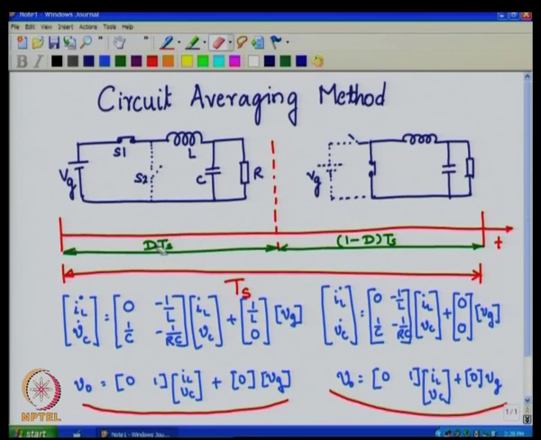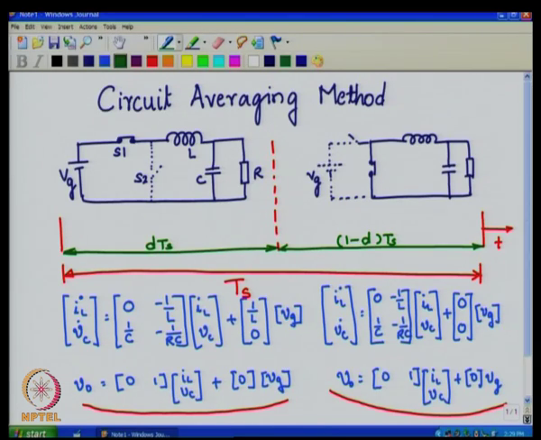Now, look at the variables here. We are using the uppercase D, and so also here the uppercase D. I am going to erase that and erase this and change it into lowercase d, 1 minus d.